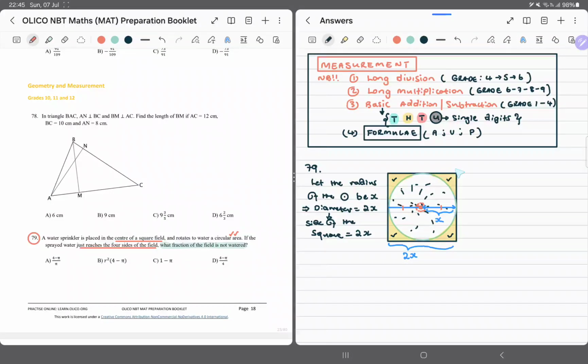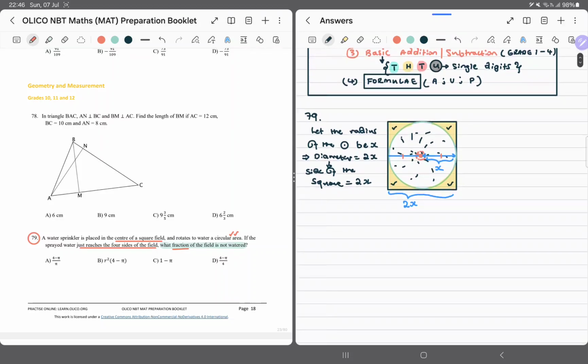So we take the area of the square, we then subtract the area of the circle, then it will leave us those areas. But remember, the question is on the fraction, meaning we need to do the ratio. So the ratio is going to be this area put together divided by the total surface area of the square, and we will be able to get our fraction.